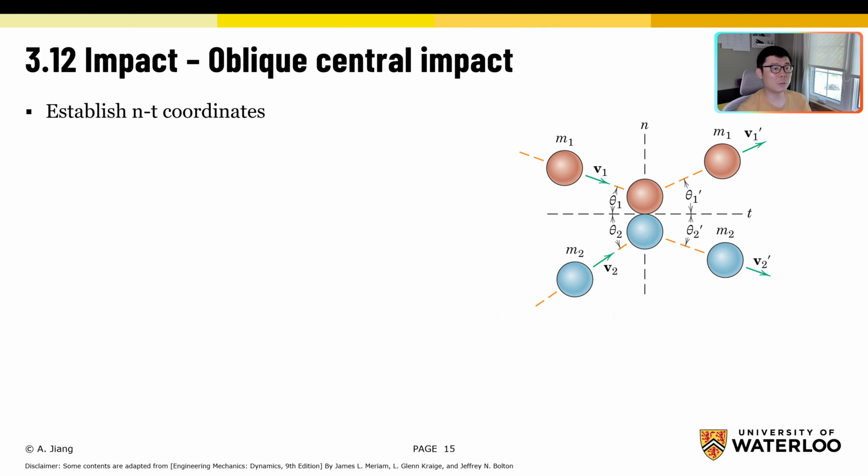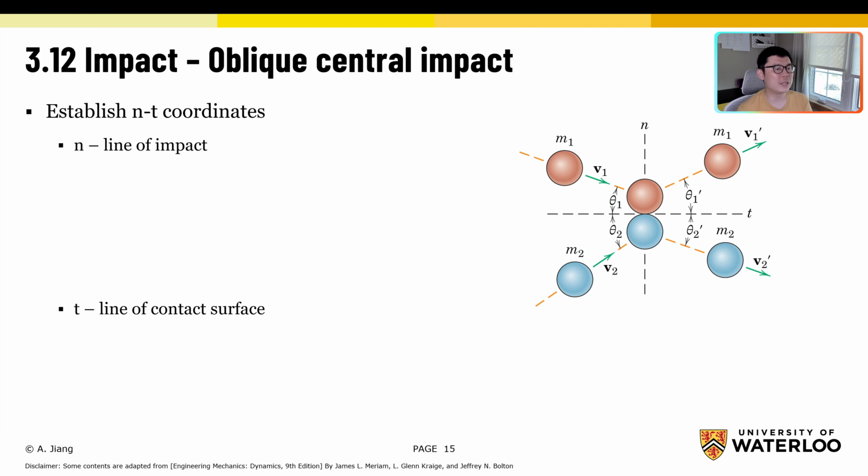So far, we only talked about direct central impact. Are we going to spend the same amount of time to derive equations for oblique central impact, when two objects are not moving collinearly? Well, not necessarily. What we know about direct central impact can be used here with some modification and change of mindset.